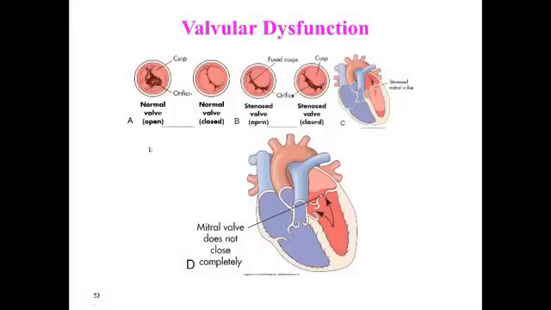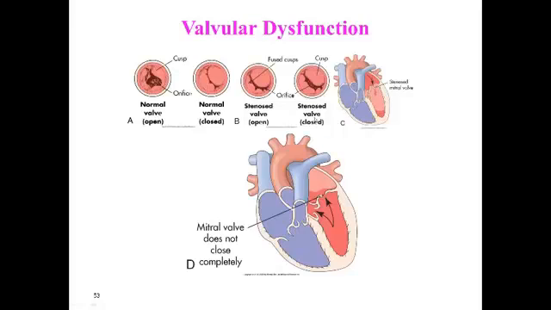Here you have valvular dysfunction. You've got the normal valve opening, the cusp in the orifice. You can see that it's normally functioning. It's open, it looks good, and then when it's closed, it's closed. You're not getting any leakage. With the stenosed valve, it's open, and you've got just a small opening there for blood to go in or to fill.